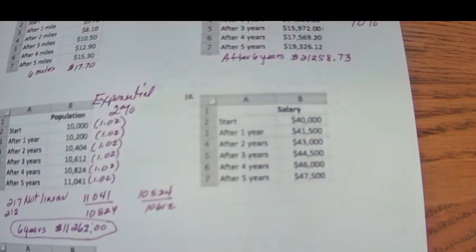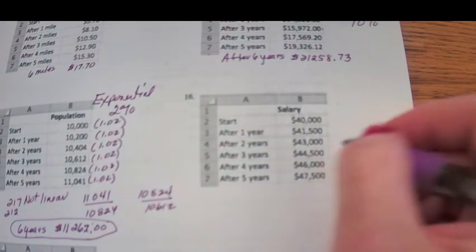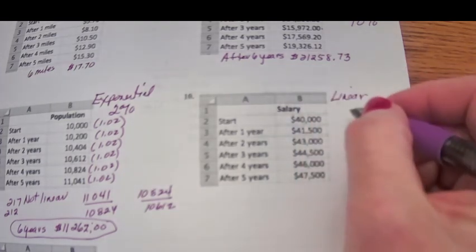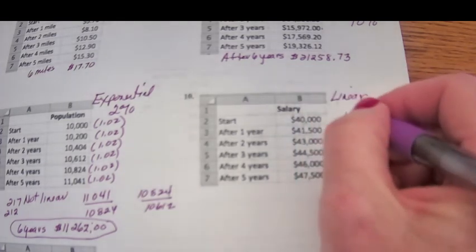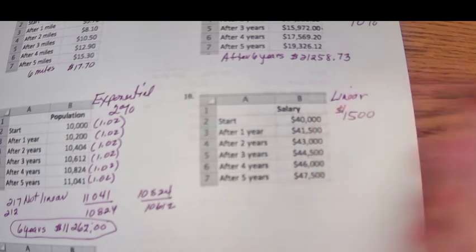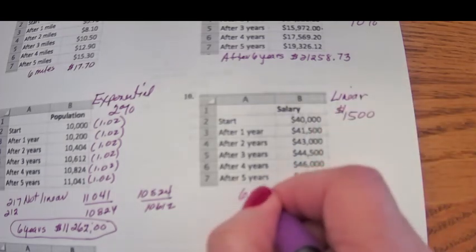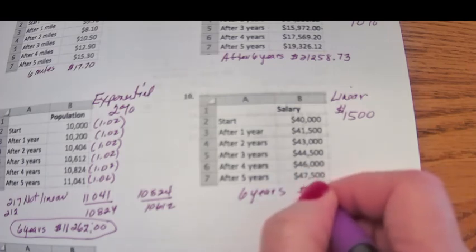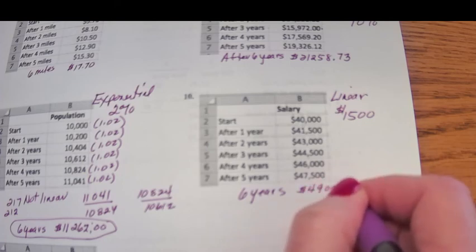Number 10. This one was linear. And the difference between the rows was $1,500. So after 6 years, 47,500 plus 1,500, that's going to be $49,000.